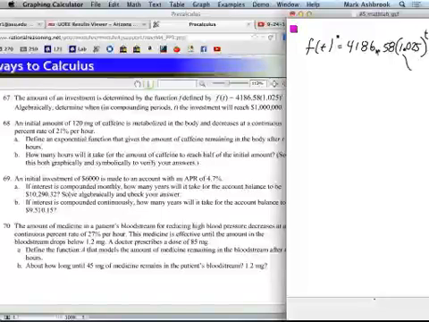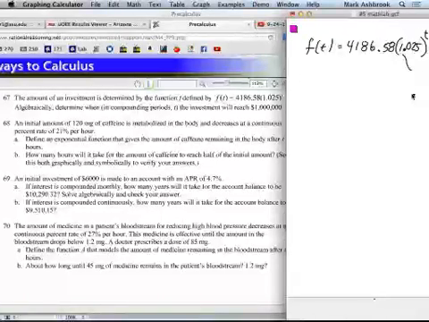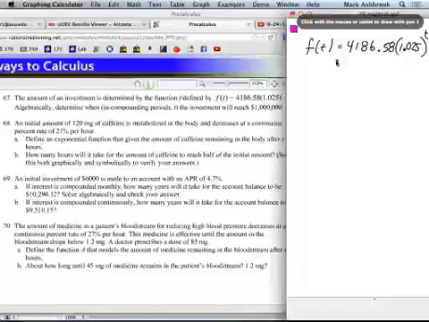So where would we find 1 million in this expression if we're asking when it's going to reach $1 million? He wants 1 million to be f of t. Right, it's the output. So we're asking after how many compounding periods will the amount of money reach 1 million?